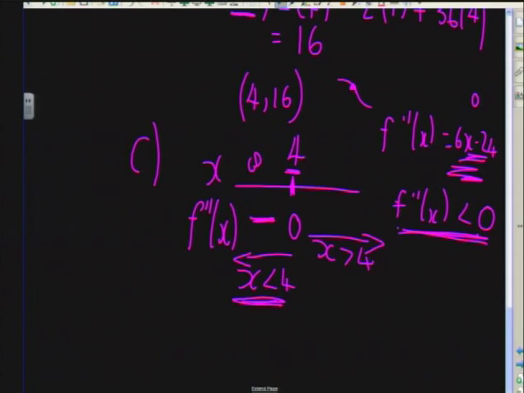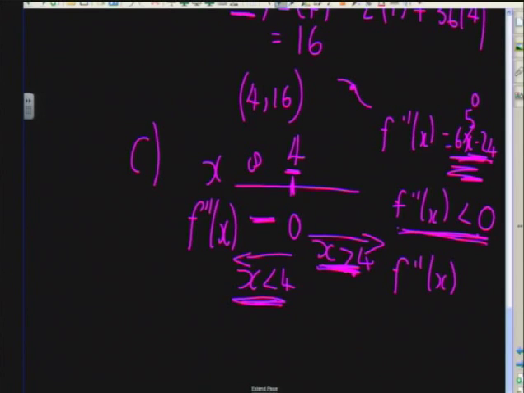You do the same thing for values greater than 4. I look at my second derivative, which is 6x minus 24, and take any value for x greater than 4. This is very similar to inequalities, which you will remember from grade 11. Take a value like 5 and put it in for x in your second derivative.